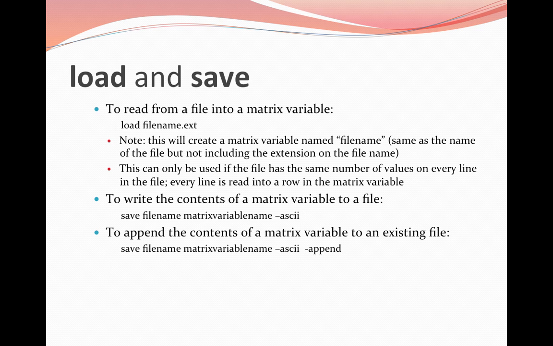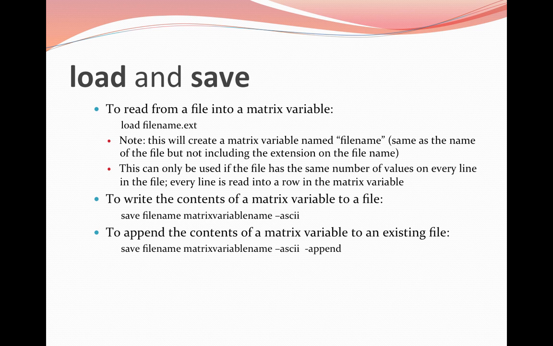And what that does is that creates a matrix variable in MATLAB with the same name as the file, not the dot extension, but just the file name. So again, this can only be used if the file has the same number of values on every line, and then every line from the file is read into a row in the matrix variable.